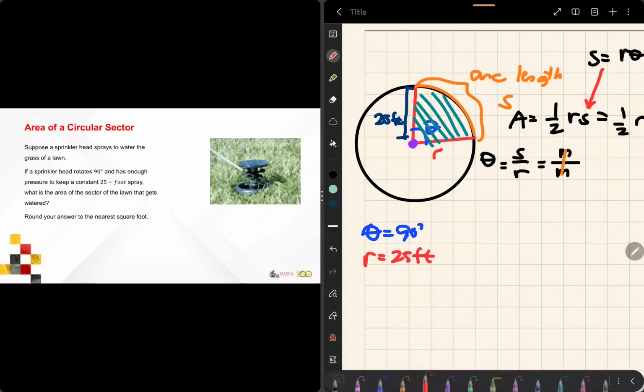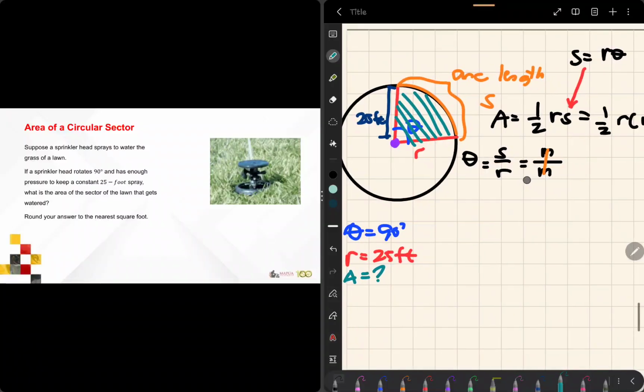Now, what is the area of the sector of the lawn that gets watered? The answer should be to the nearest square foot. So we are tasked to find the area of the circular sector, denoted by S.